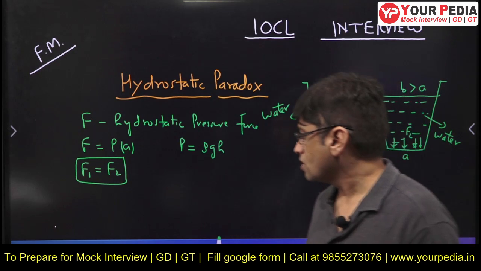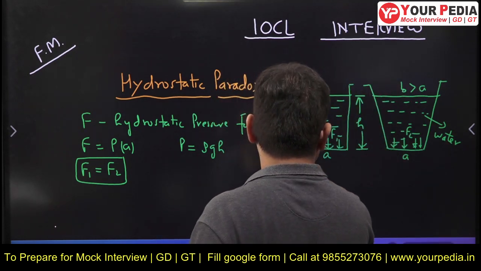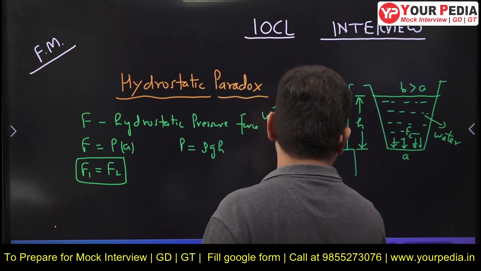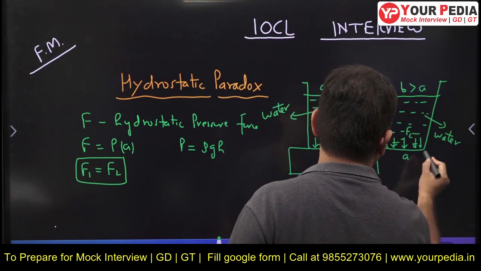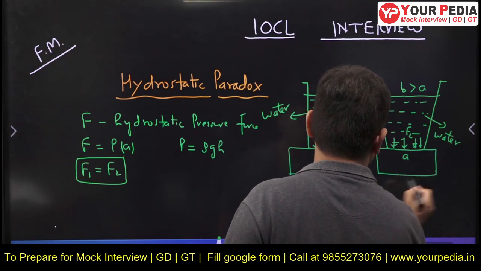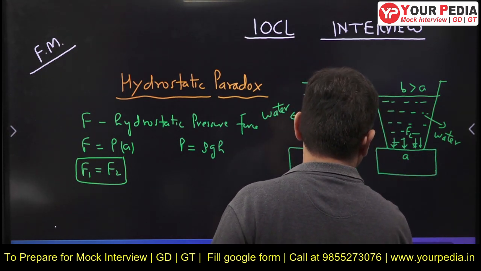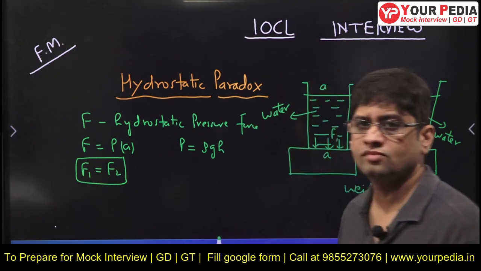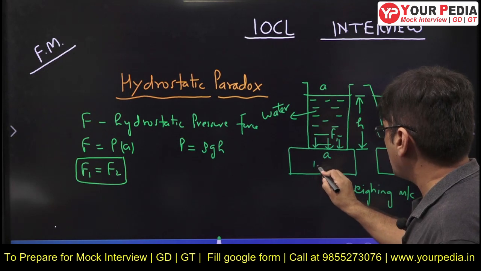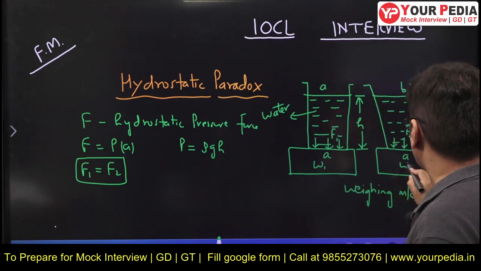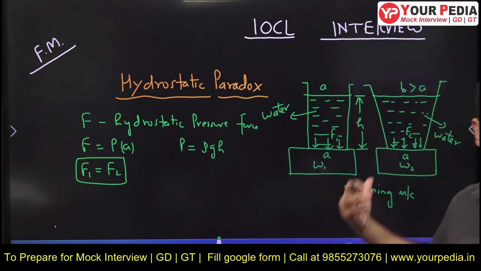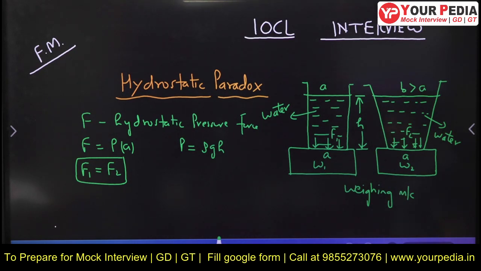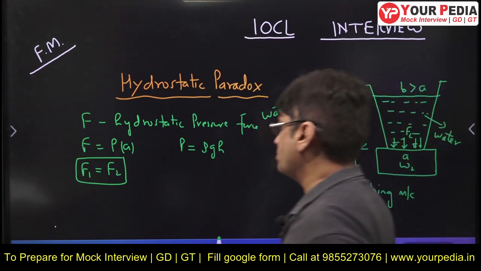Now suppose I put a weighing machine at the bottom of each container. It is measuring the weight of the liquid contained. Any idea in which case the weight will be more?